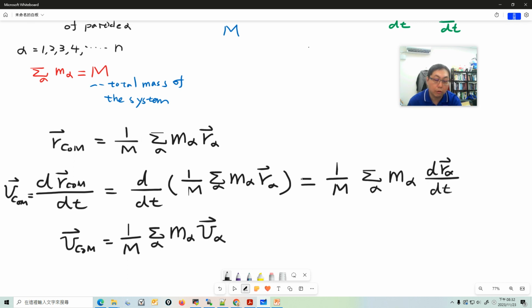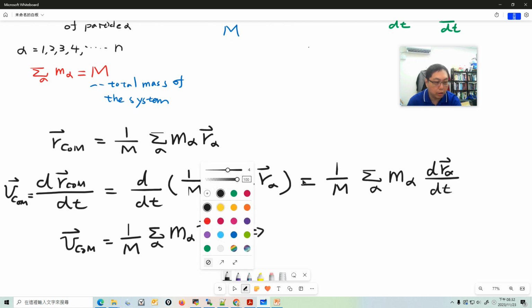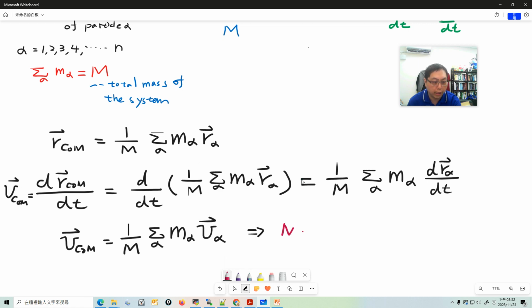It's very similar to the formula for the center of mass, right? With a little algebra, we multiply by capital M on both sides, and we have M V_COM equal to the summation over alpha of m_alpha v_alpha.